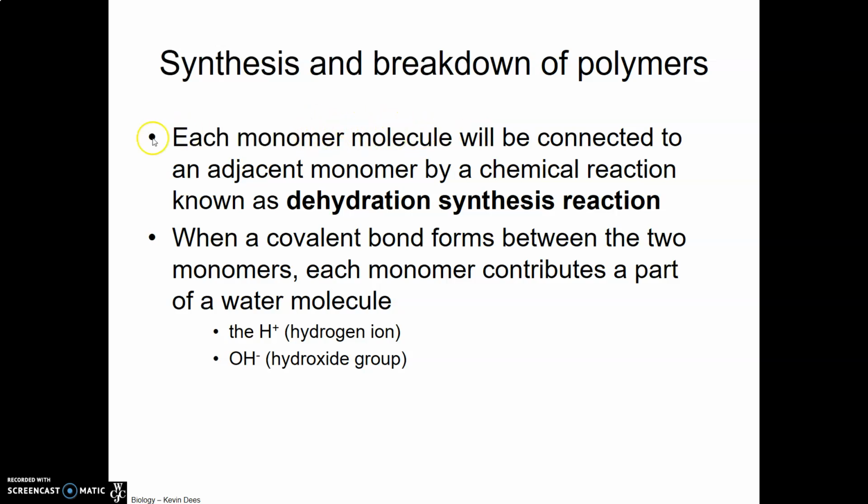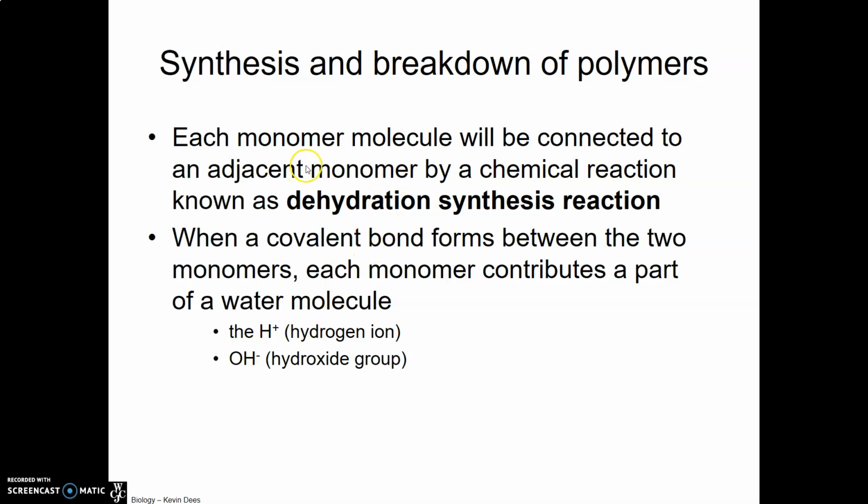polymers from monomers. We're going to build these polymers from monomers using a reaction called dehydration synthesis. And so basically what's going to happen is we have monomers, and on either end of the monomer we'll find a reactive hydrogen ion or a reactive hydroxide group.